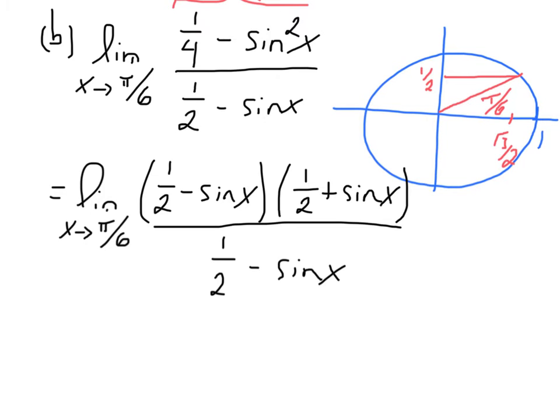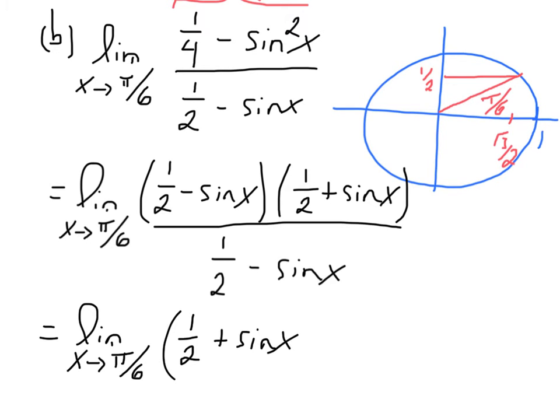Okay, so this becomes equal to the limit, now after we cancel, as x tends to pi by 6 of 1/2 plus the sine of x.